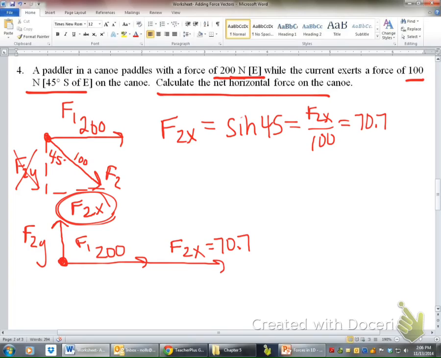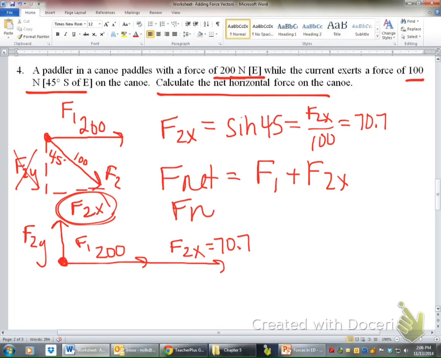So all you have to do is add those numbers together. Yep, so we're going to find our net force. F net horizontal is going to be all of our rightward forces minus our left. Remember, right minus left. So we're going to take F sub 1 plus F sub 2x. Do we have anything on the left that we need to subtract? No. So you can either say subtract 0 or you can just leave it off.